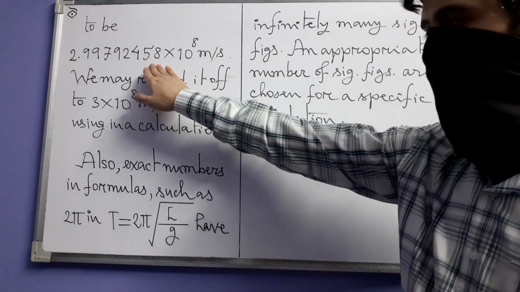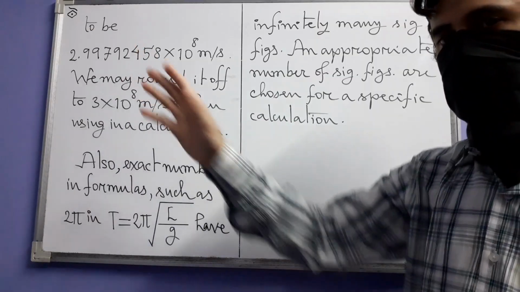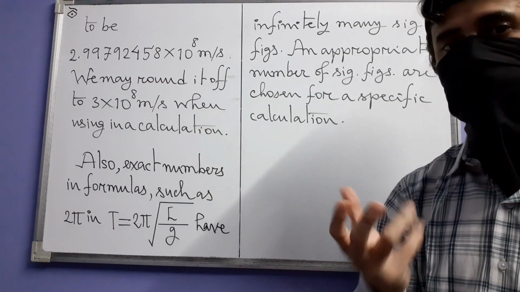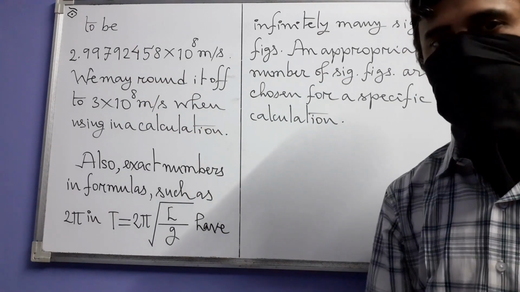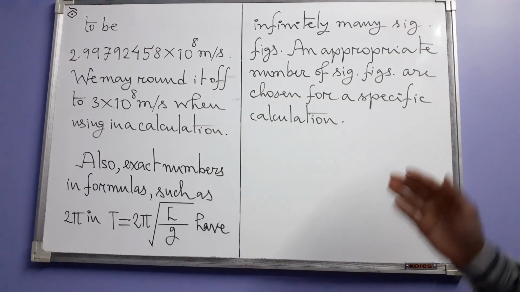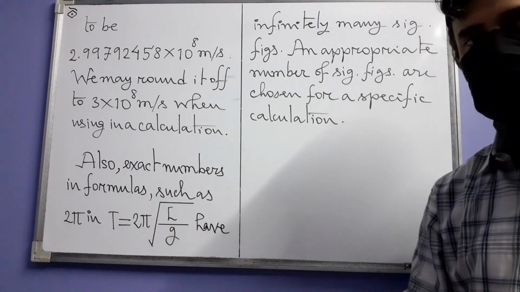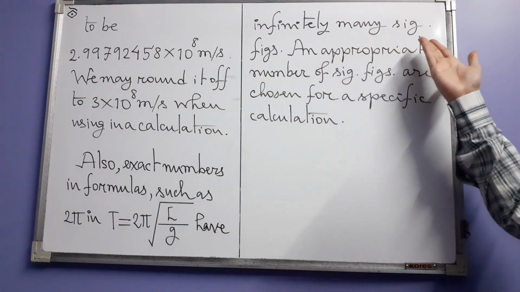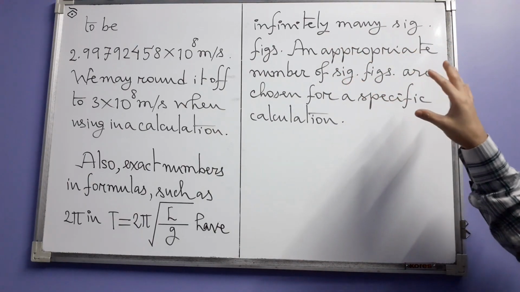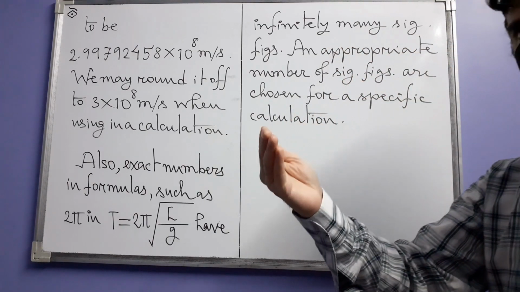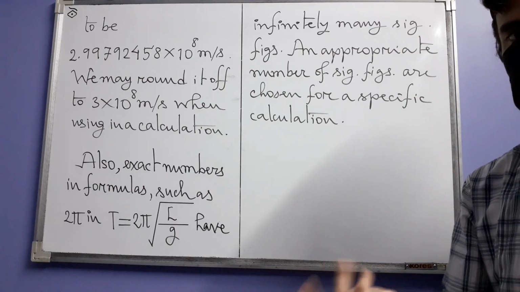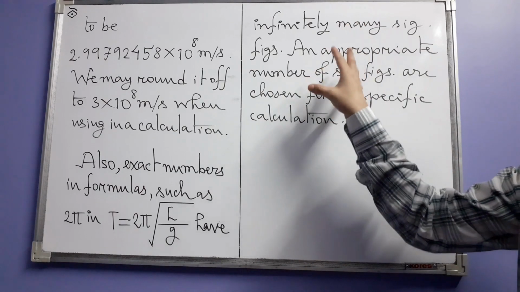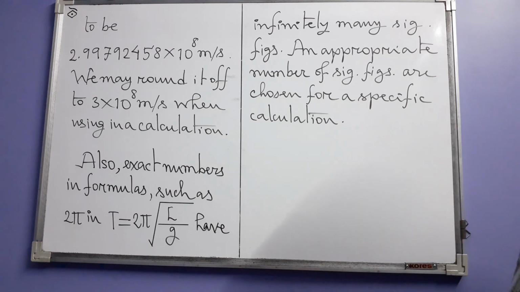The speed of light in vacuum is not exact because it has to be measured by conducting some physical experiment. That's the difference. But anyway, the point here is that if you have an exact number, then it has infinitely many significant digits. So, in some specific calculation, you can choose as many as you need from that available infinitely many digits, which is the case with 2 pi.